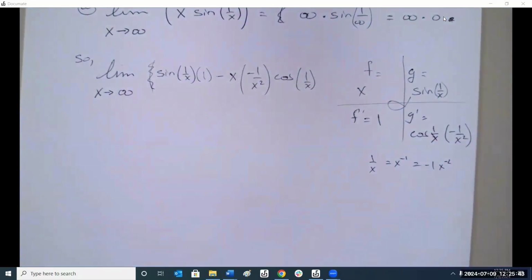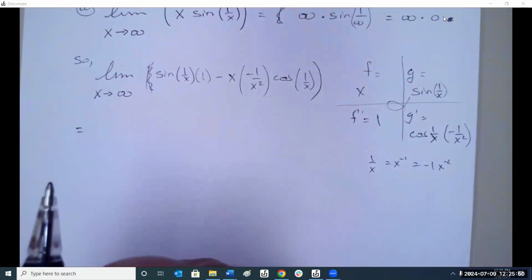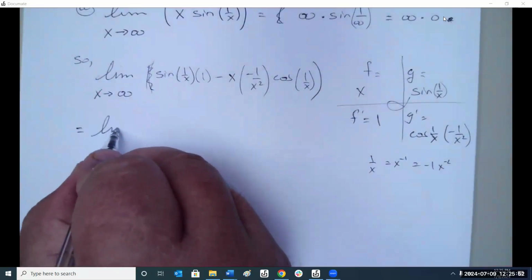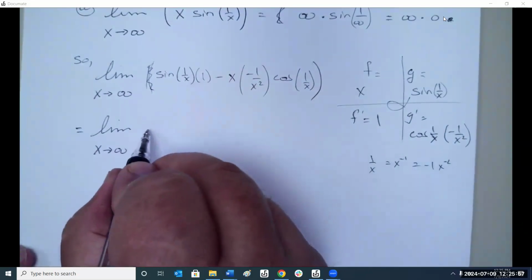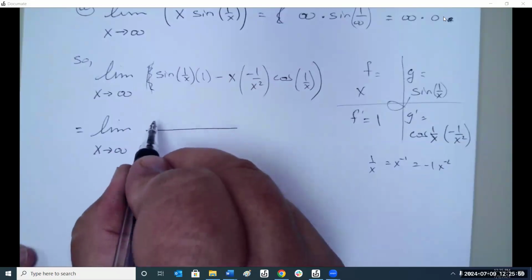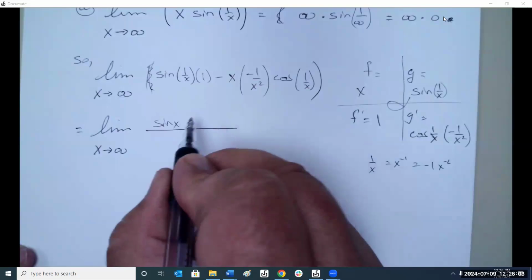See? It's all one unit. So it's sine of 1 over x.